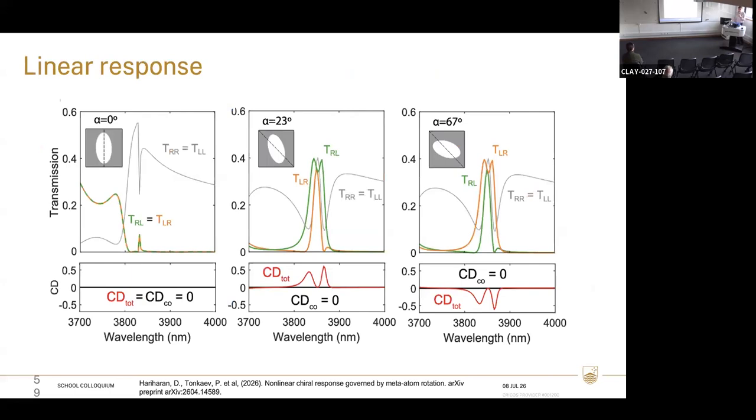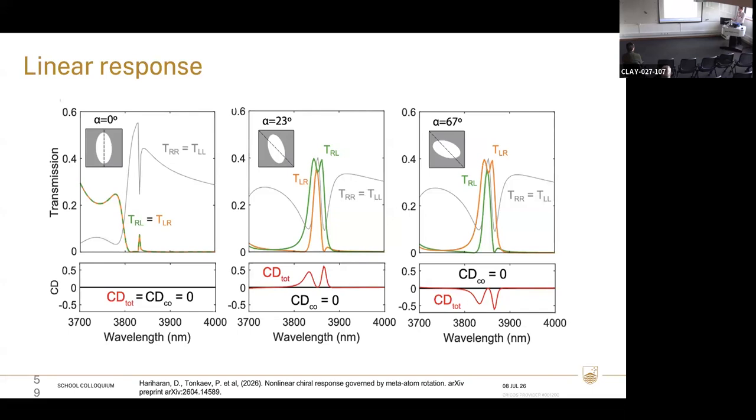So we first characterize them linearly. For the 0 degree, as shown here, we have the copolarized component and cross-polarized component equal to each other because of the symmetry, and the CD is strictly 0. Then we took two angles, 23 and 67.